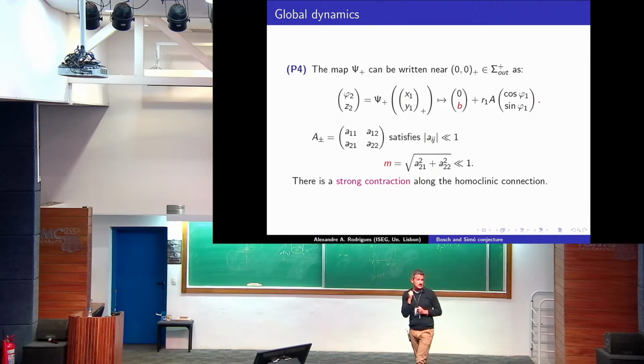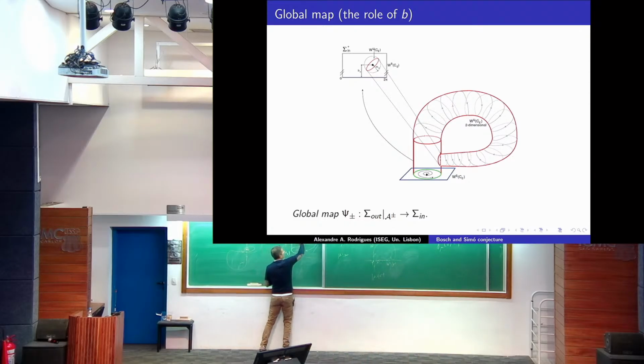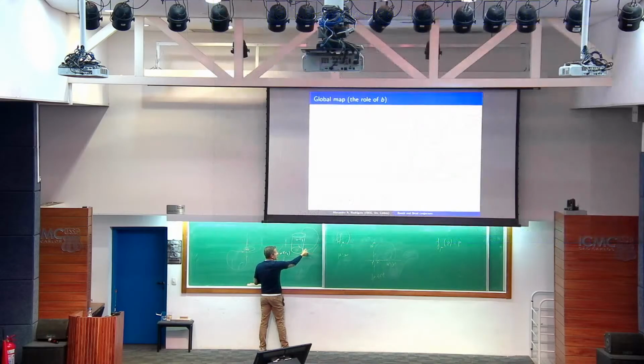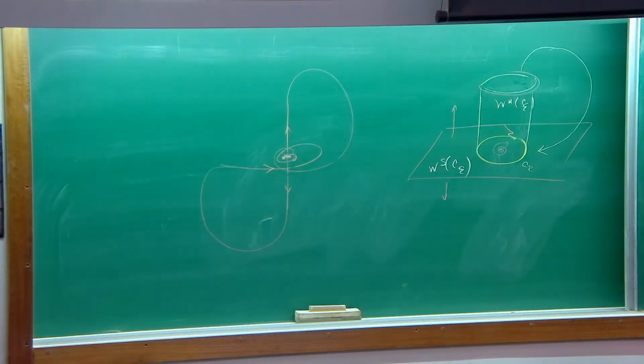I'm going to assume, this is the last hypothesis, that b is such that the circle, the return, will not touch the green line. This is important. This is the unstable manifold. The unstable manifold is a cylinder, and when it comes back, it will not touch the stable manifold. This is the hypothesis. So b is large enough in such a way that the unstable manifold doesn't touch the stable manifold. It is an important hypothesis.